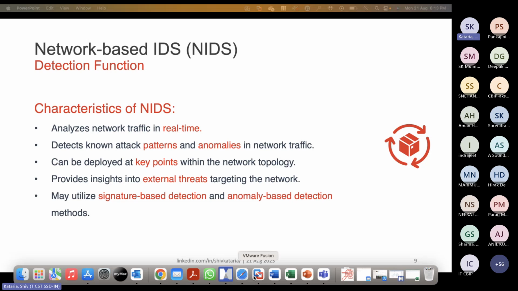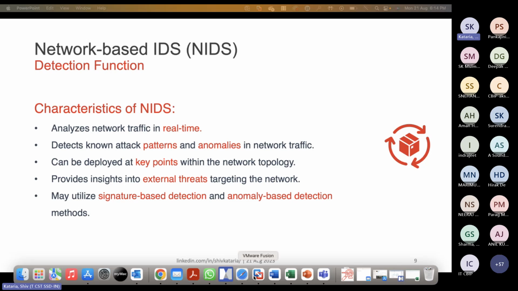They generally provide insights not only on the external threats but also the internal threats, because you can configure the rule both ways, the egress rule and the ingress rule. Egress rule basically means the traffic that is flowing out of your control system or substation, and ingress rule basically means anything which is coming from external to internal.